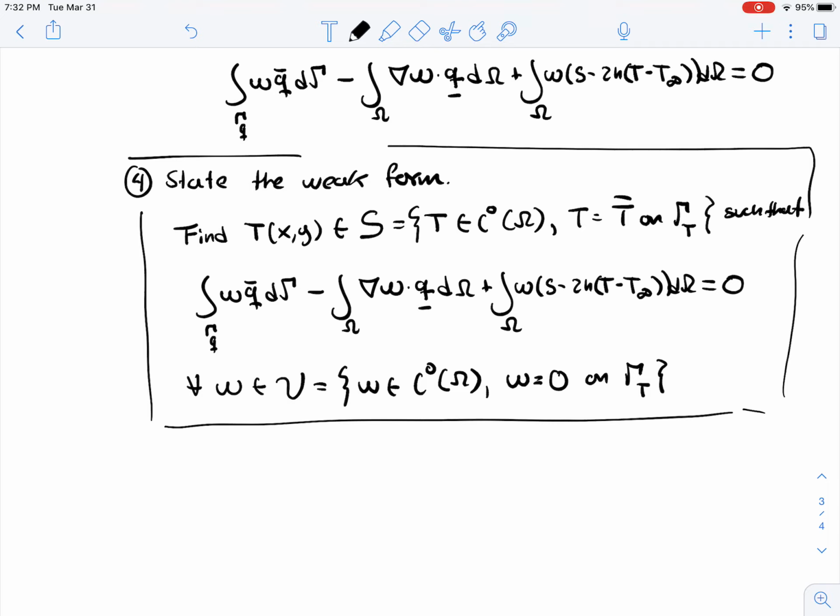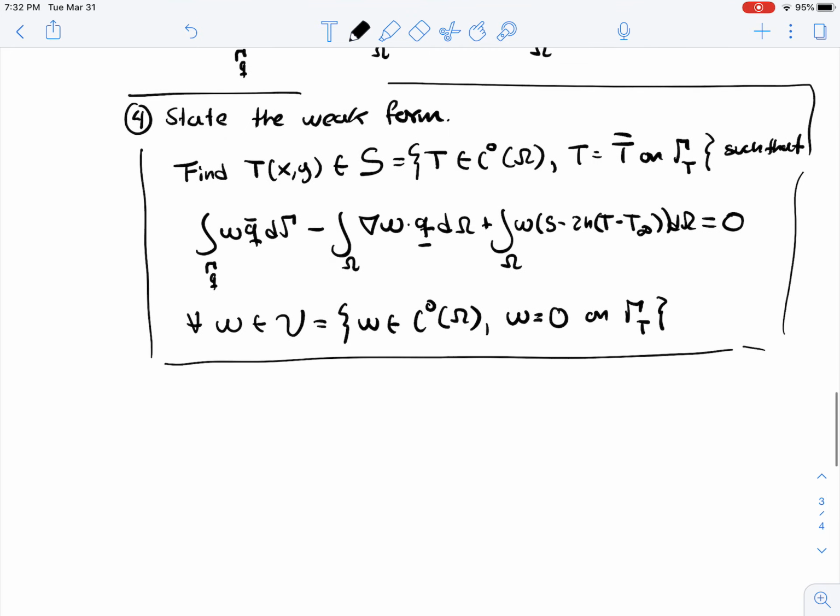The couple of notes that I want to add here are, one, you can substitute this q in terms of temperature, because here it's not clear where the temperature is except here.